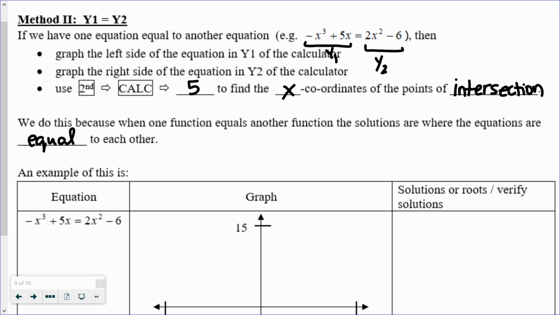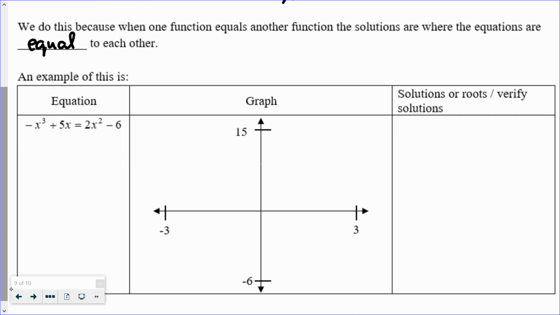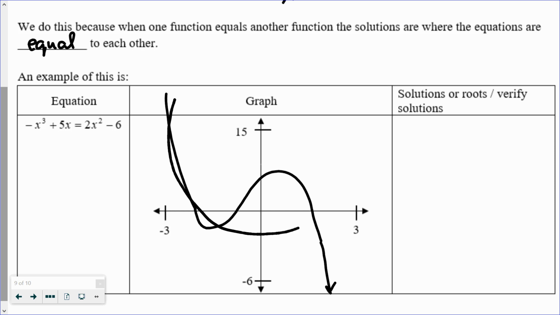So I'm just going to really lightly sketch this, but your first graph, the one that has x to the power of 3, looks something like this. Your other graph, this is your cubic one. Again, I'm not paying attention to where everything is. The other one needs to go at more of an angle like this. The other one crosses here and here and here.